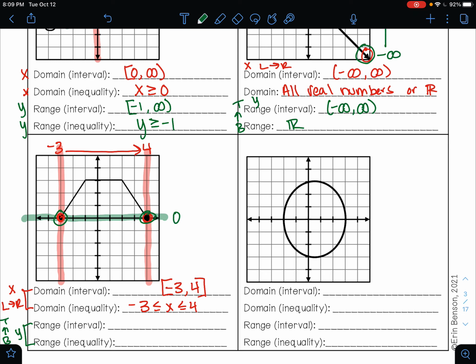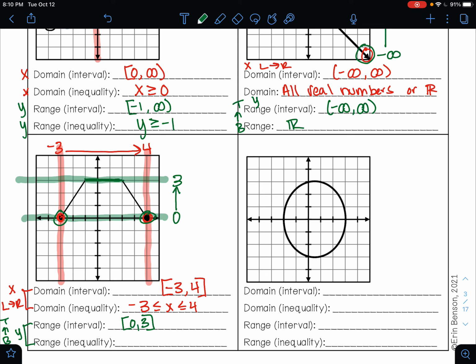The top of my graph is this section up here, and that is where y is, let's see, 1, 2, 3. So my range from the bottom of my graph to the top of my graph is from 0 to 3. 0 gets a bracket because they were both closed circles, and then 3 gets a bracket because 3 is a solid line.